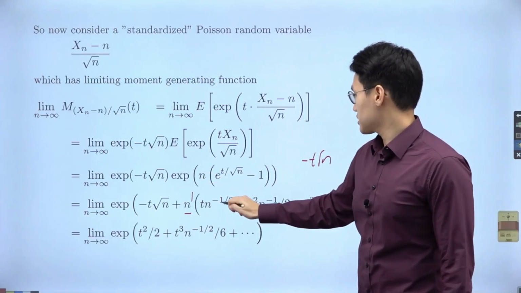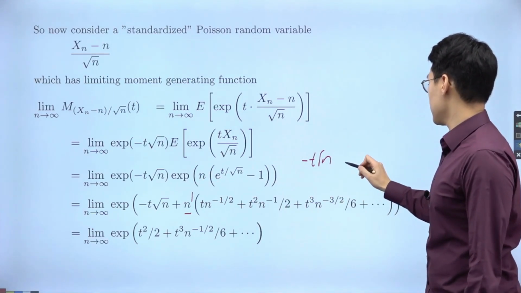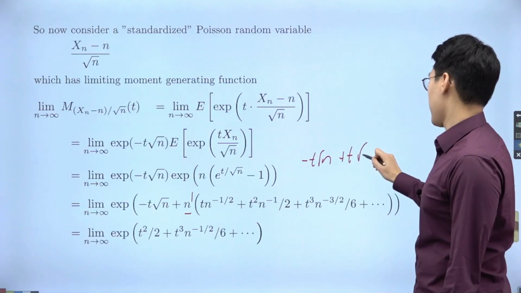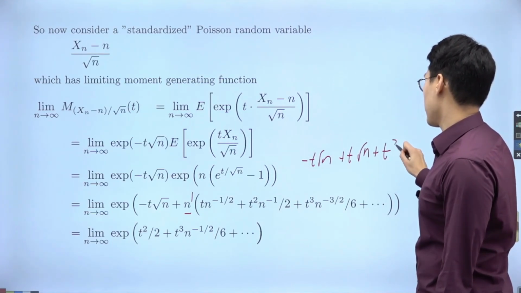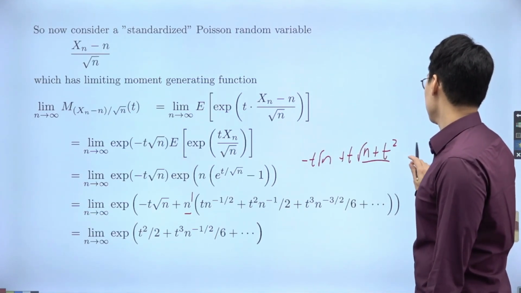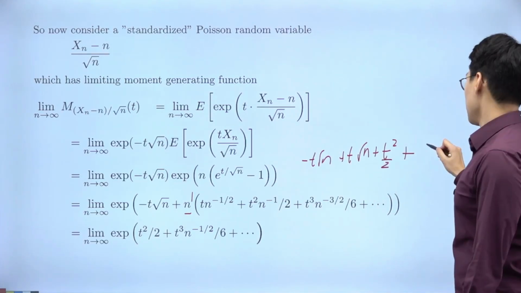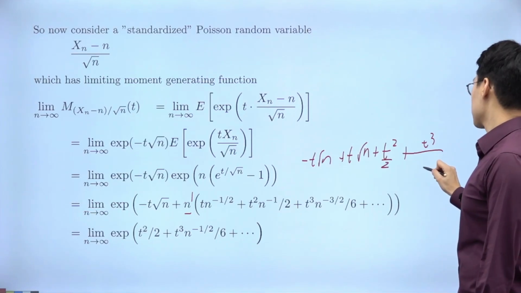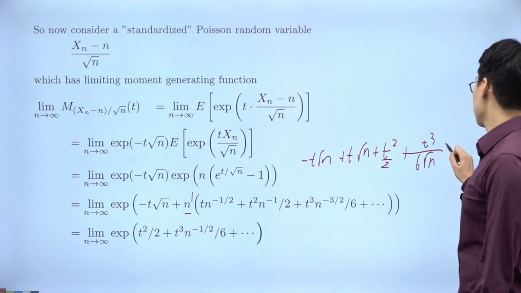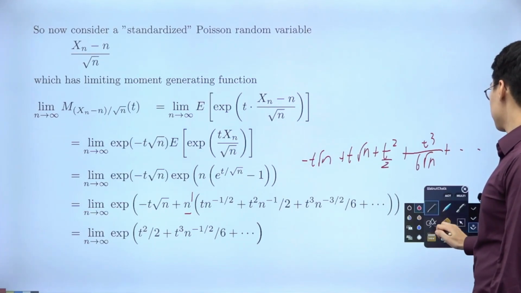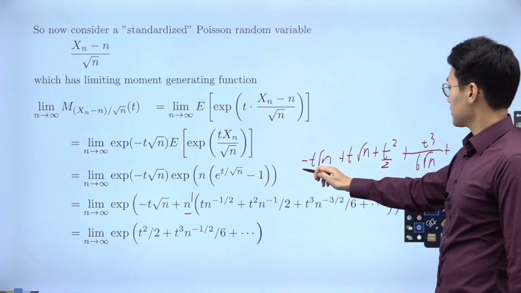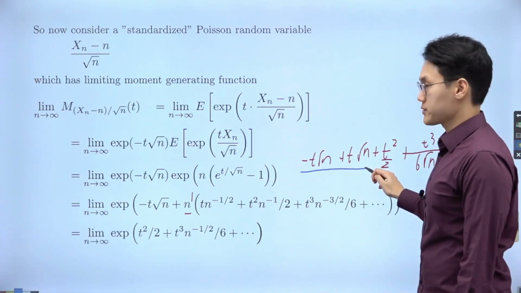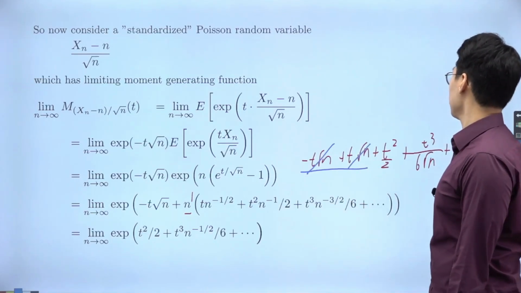So if you expand them out, that's going to be plus t square root of n plus t squared over 2 plus t cubic over square root of n times 6 plus on and on and on. Okay, so that's brilliant, because that is the same thing with the opposite sign. So if you add, it cancels out, you see?